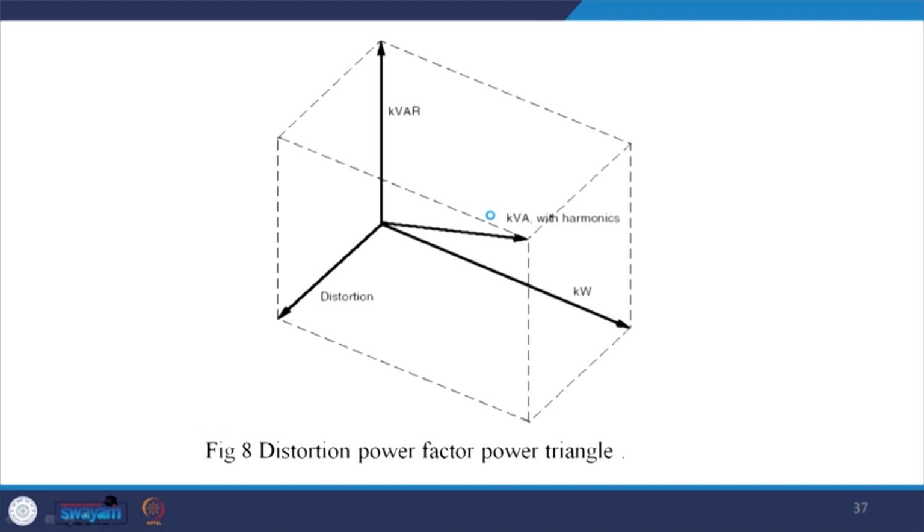and thus we have to represent this. We will discuss later in the case of the shunt active power filter, this theory, that is the instantaneous reactive power theory, and there we shall place the reactive power as well as the harmonic power, and thus we require to represent it in a plane.